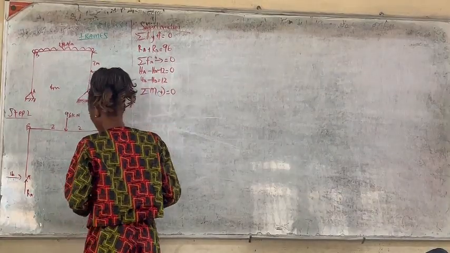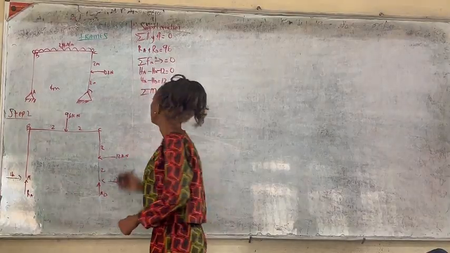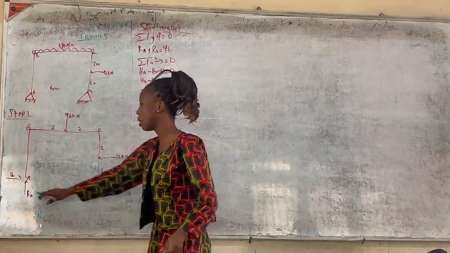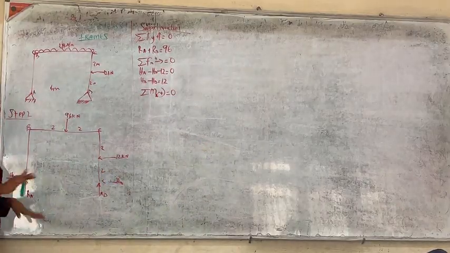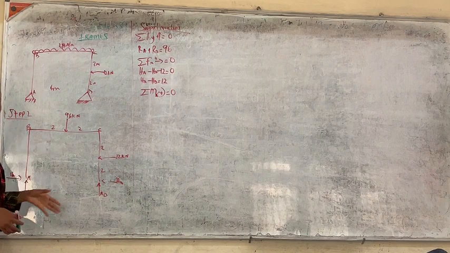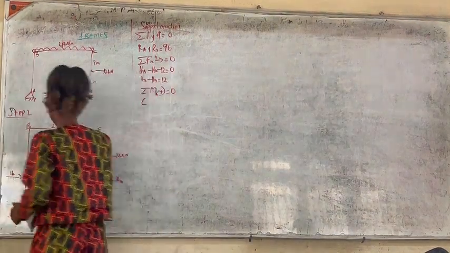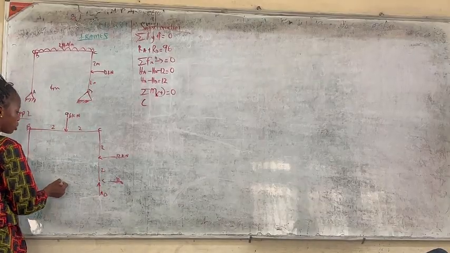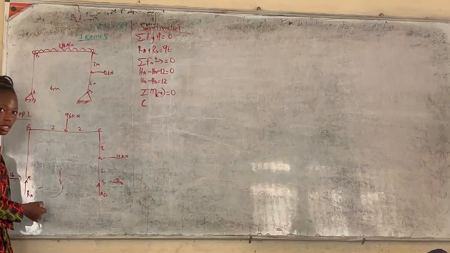Taking clockwise as positive, we want to take moment about A. Let me write it: taking moment about A. You know that HA and RA would not have any effect. So we are going to move next to 96. Let's note that this 96 is acting like this, so moving like this is clockwise.